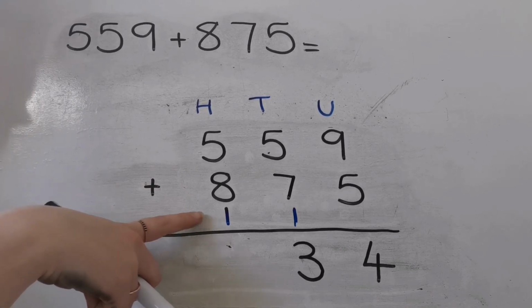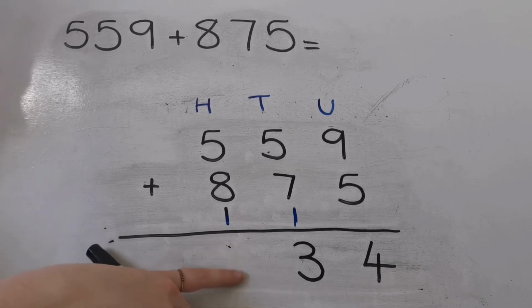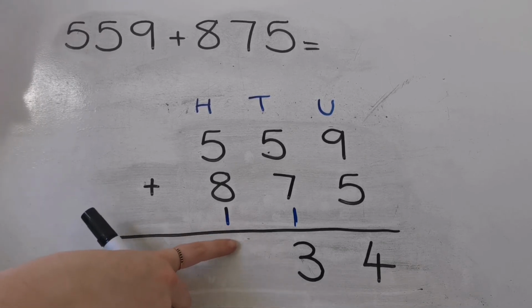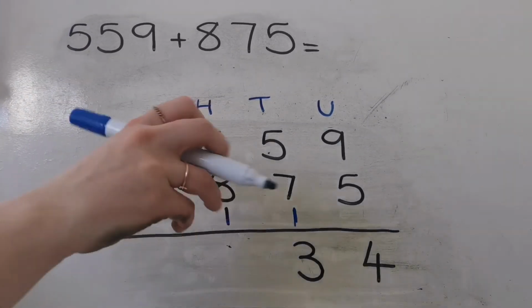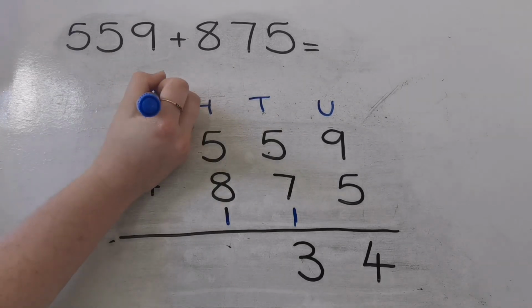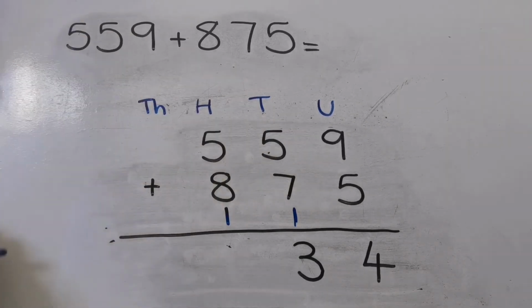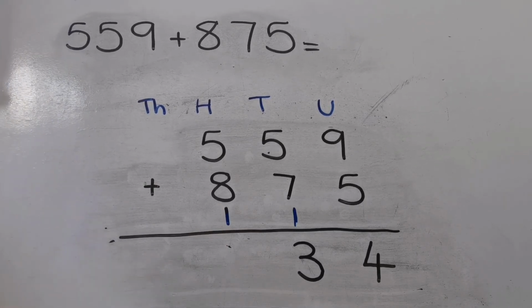Now at the moment, again, it's difficult because I can't put 2 digits just in here. So we actually need to introduce a new column, okay? Now, after hundreds, we move into thousands, okay? So I'm going to add this column thousands, all right?